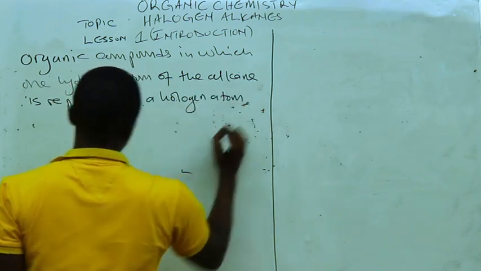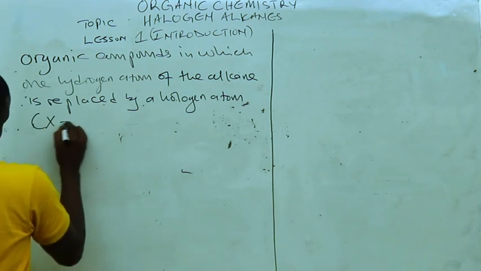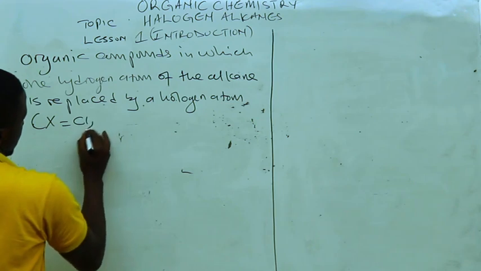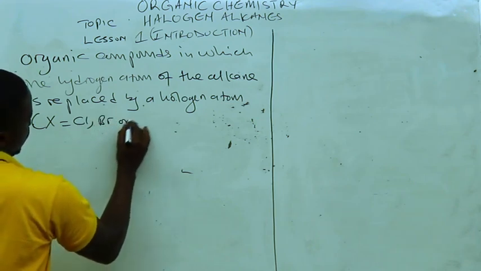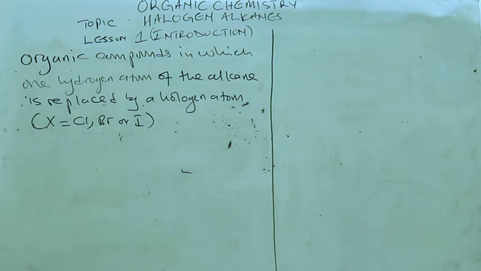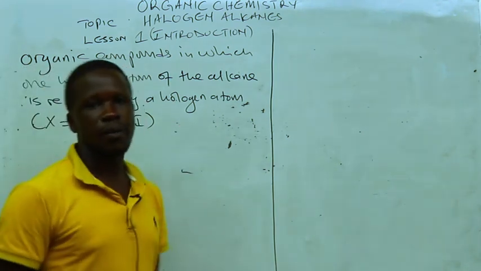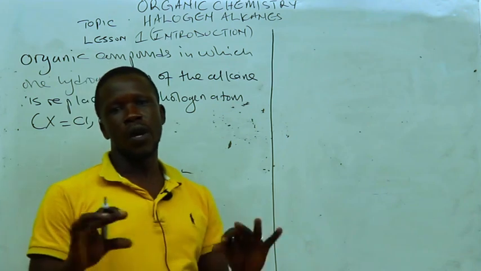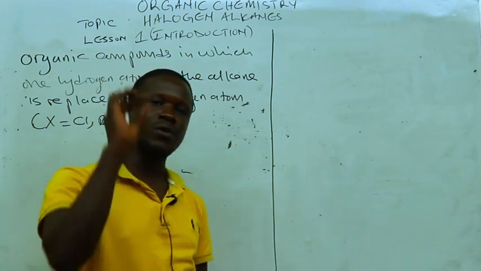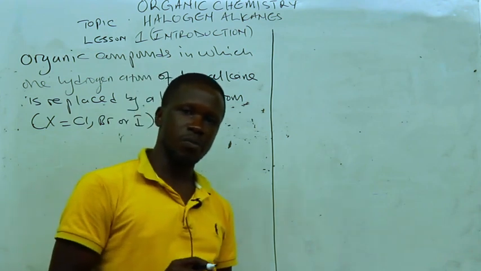Halogen atoms we normally denote as X, where X is chlorine, bromine, or iodine. So, in the alkane, one hydrogen atom of the alkane is substituted by a halogen atom.